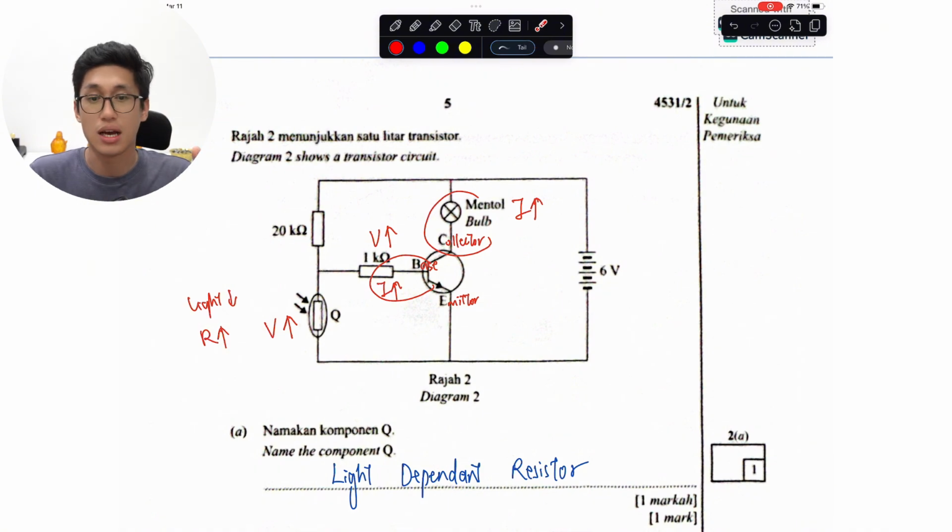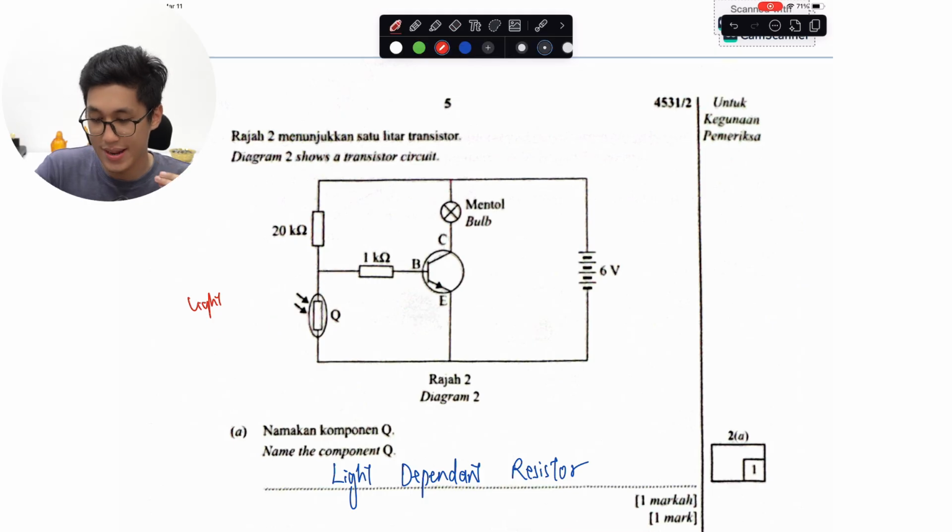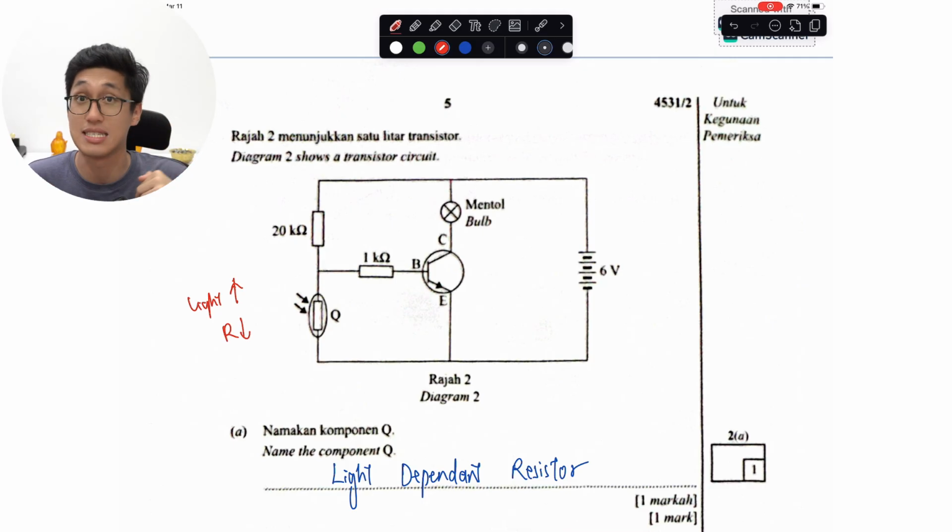Just in case you are not clear about this, let me give you the opposite example. The opposite example would be when it is very bright in the morning. When it's very bright, the light dependent resistor will have low resistance.